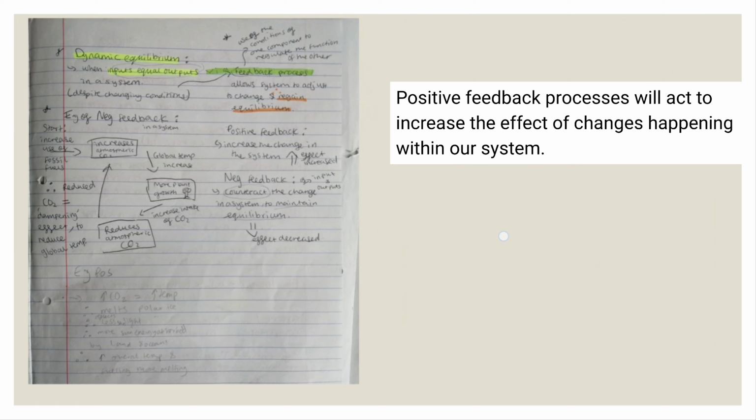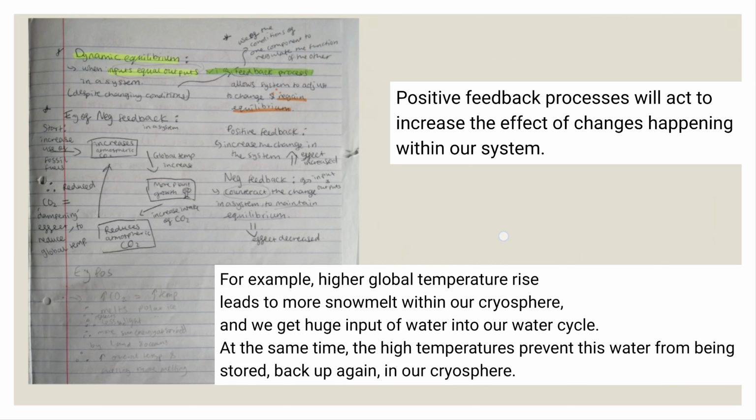On the other hand, think of positive feedback as catastrophic. It's something that is not good within our system. It makes the effects of our system worse. As a result of global temperature rise, we will have an increase of snow melt within our cryosphere, and that water will be massively directed to our hydrological cycle, which will have a huge disruption within the equilibrium.